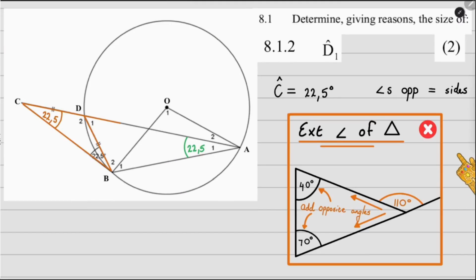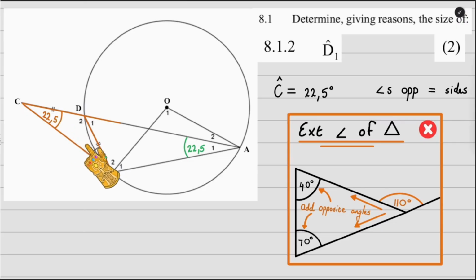And just to walk you through that theorem, to get the exterior angle, you go to the opposite interior angles, add them together, and then they give you this outside one. So you can see in this example, 40 plus 70 gives me this 110 degrees over here. So to get D1, we go to the opposite 2 interior angles, add these guys up, and we get D1.